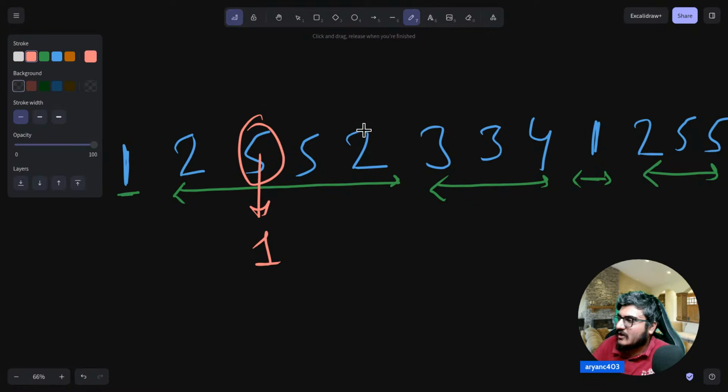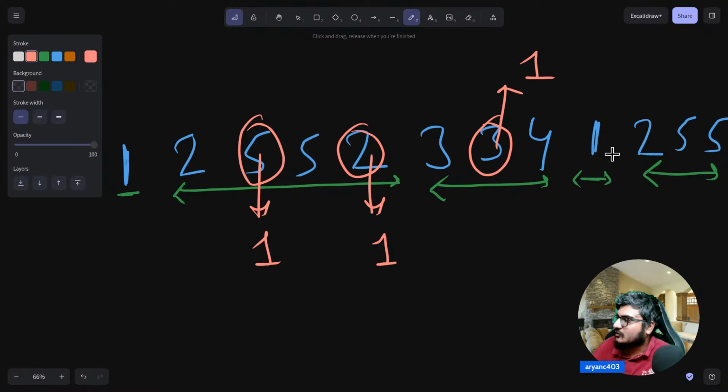Here you have to change this as well. Here you can change to any element which is not near 3 and 5, for example again 1. For 3, 3, 4, you can change it to something, let's say 1 again, which is not near 4. 4 and 1 is good, 1 and 2 is good, 2 and 5. Here also, you can change this element to something which is not near 2 and 5, for example, let's say 1.